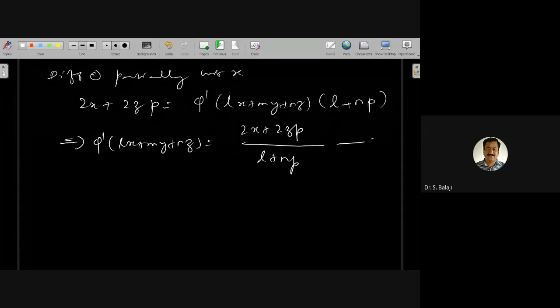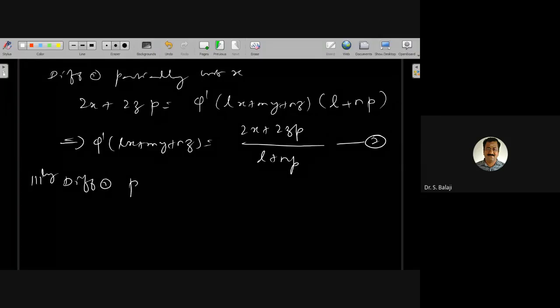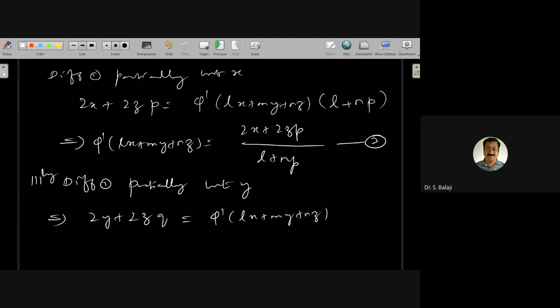This is one equation. Similarly, differentiate one partially with respect to y. Partially with respect to y, what you can get here: 2y, z squared gives 2z ∂z/∂y, which is q. The right side is φ' of lx plus my plus nz, and then m plus nq.